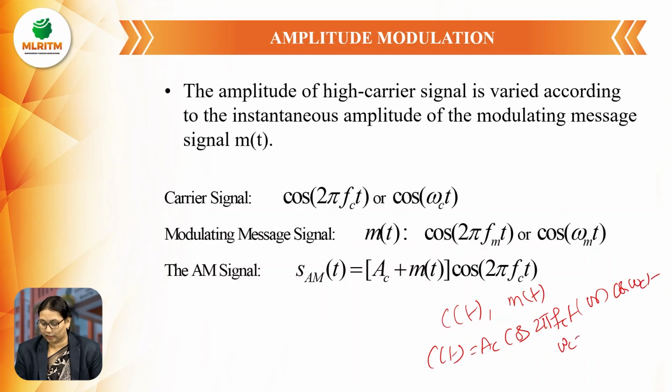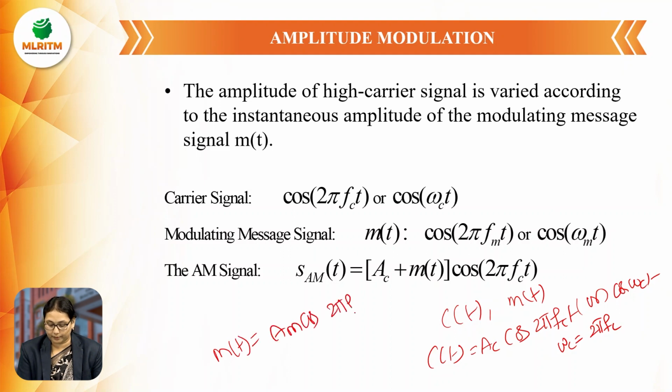So omega c is the angular frequency, which we can write as 2 pi Fc. Next, coming to modulating signal, m of t is equal to Am cos 2 pi Fm t, or Am cos omega m t. We know that omega m is an angular frequency, so we can write it as 2 pi Fm. This is carrier signal and modulating signal.